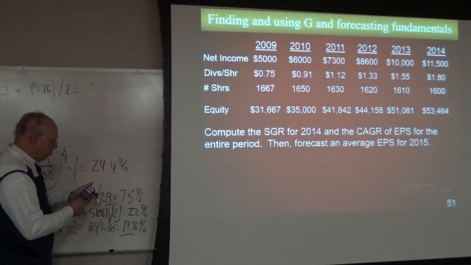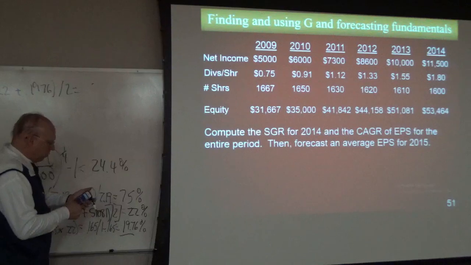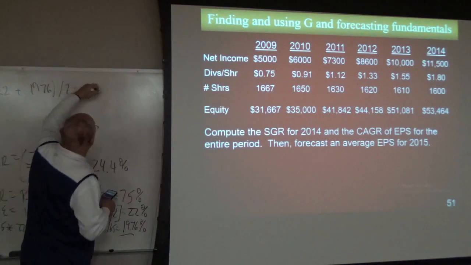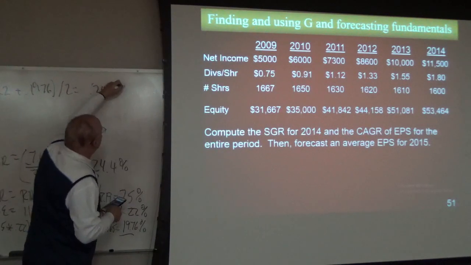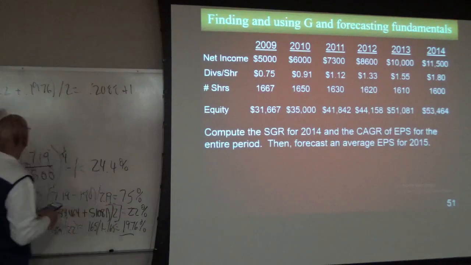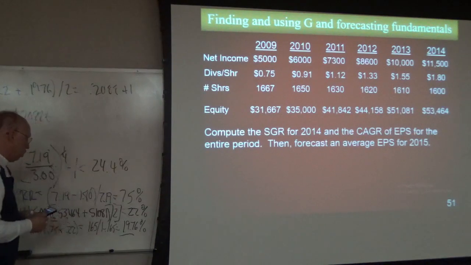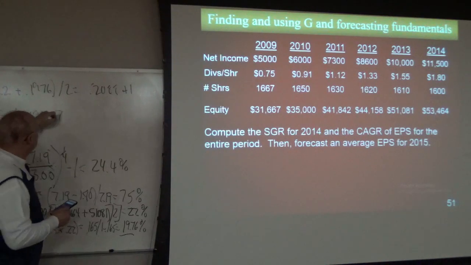So we're going to average the two growth rates. And we get 0.2088. We're going to add 1 to that. Equals 1.2088 times last year's earnings per share, which was $7.19.